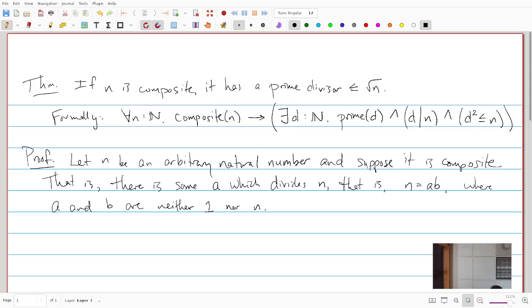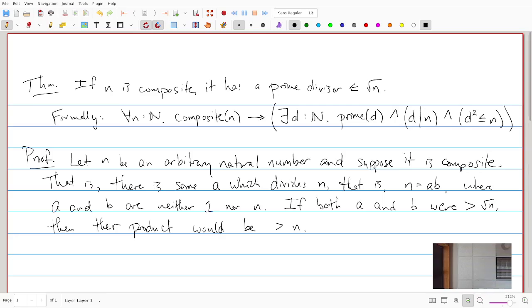And I claim that A and B can't both be bigger than the square root of n. So here's how I argue that. If both A and B were greater than the square root of n, then their product would be greater than n.